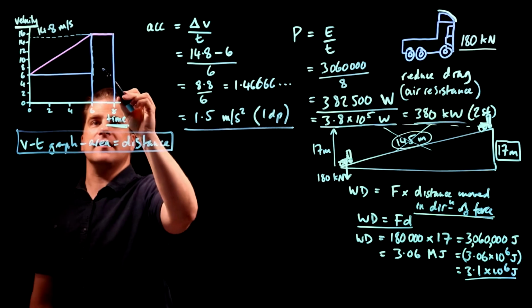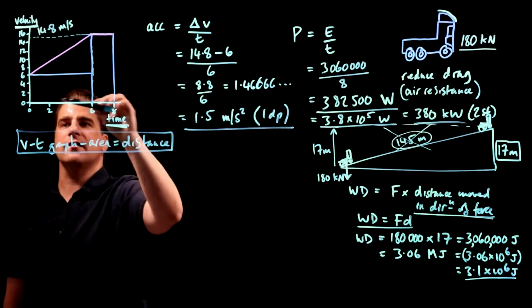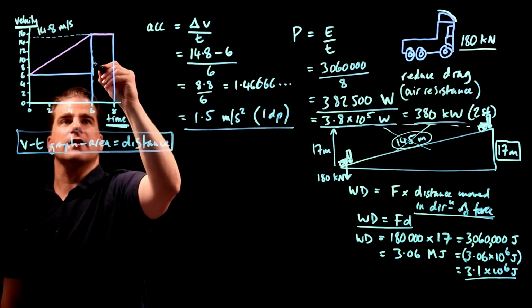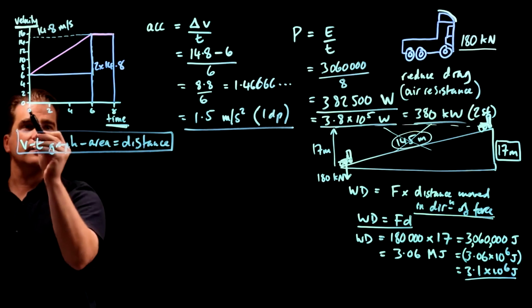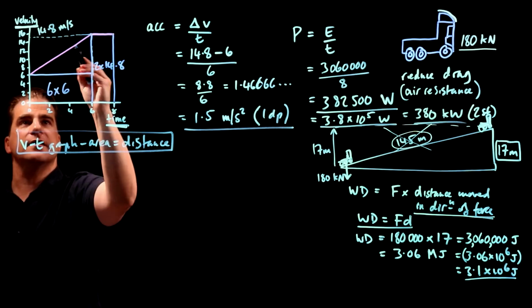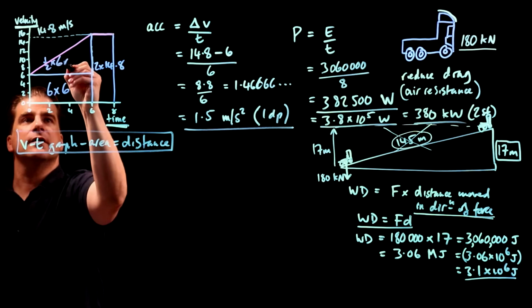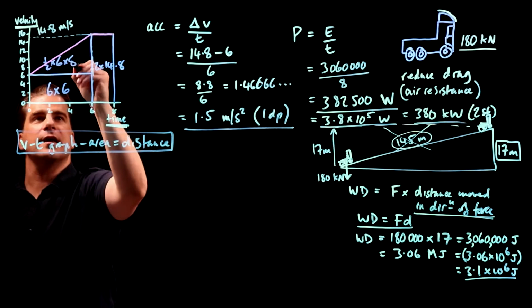So area is that plus that plus that. What's this area? Well, that's 2 seconds times height of 14.8. So that's 2 times 14.8. This is 6 wide times 6 high, so that's just 6 times 6. This is half base times height, so half times base is 6 times the height, which is from 6 to 14.8, which is 8.8.